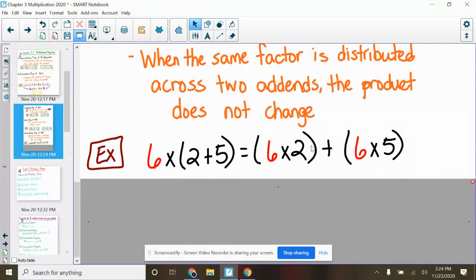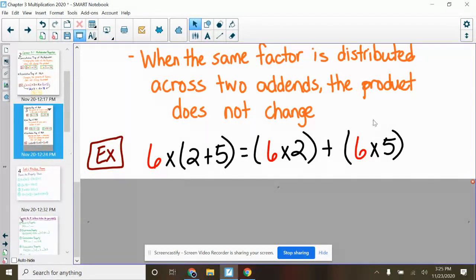On this side of the equal sign, I now see that I have taken my number that was my factor and I've put it into a parenthesis with another number. So now that 2 has become a factor. I'm taking 6 times 2, which are both factors, and I'm going to add them to another group, which is 6 times 5, which also is 2 factors.